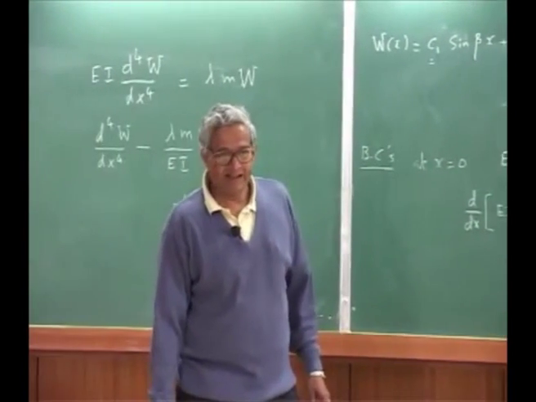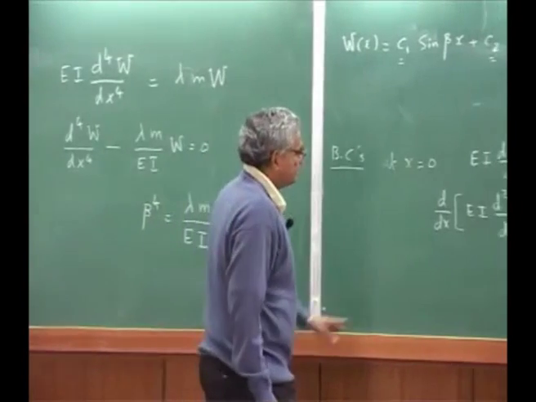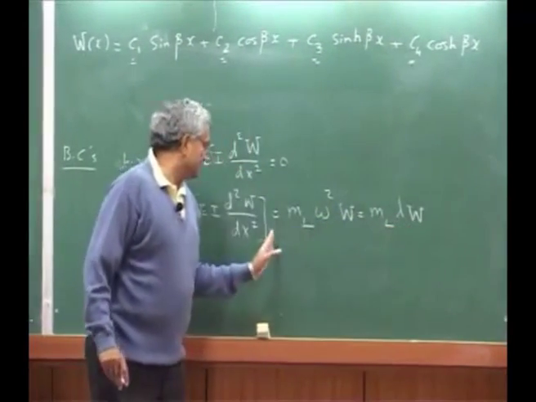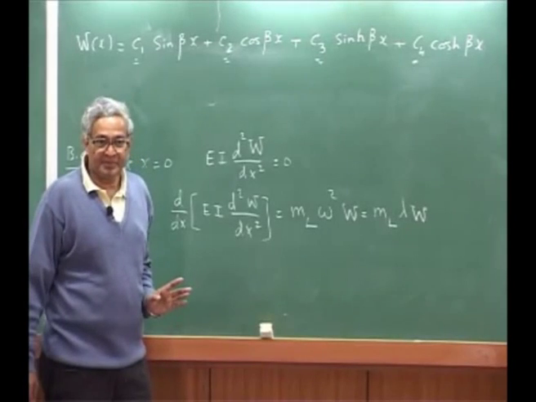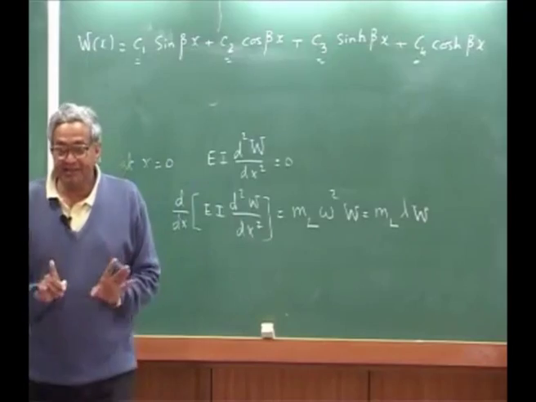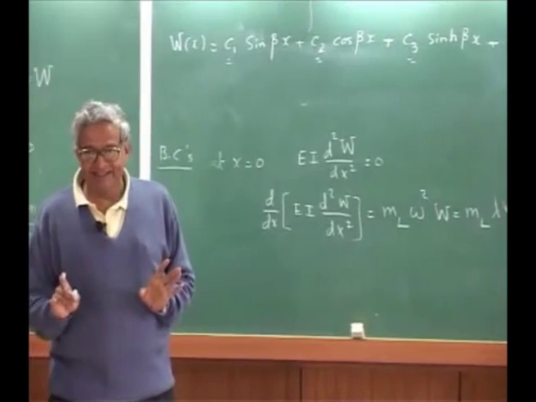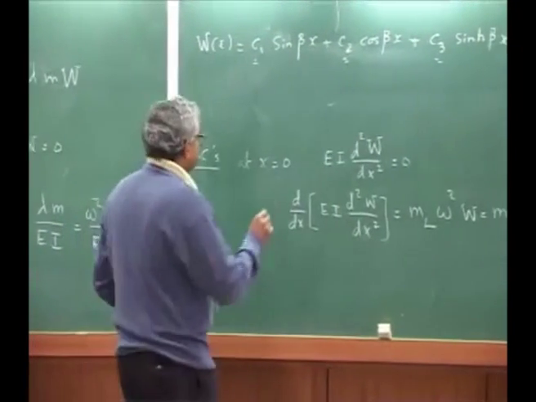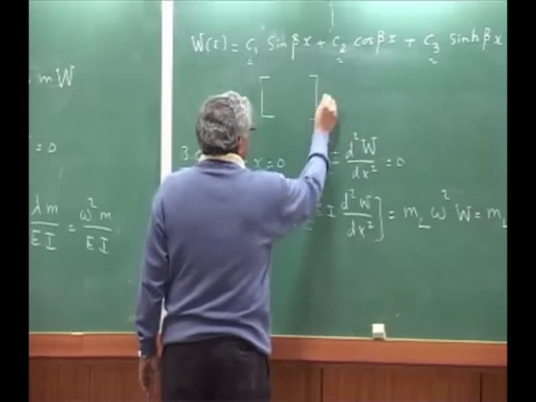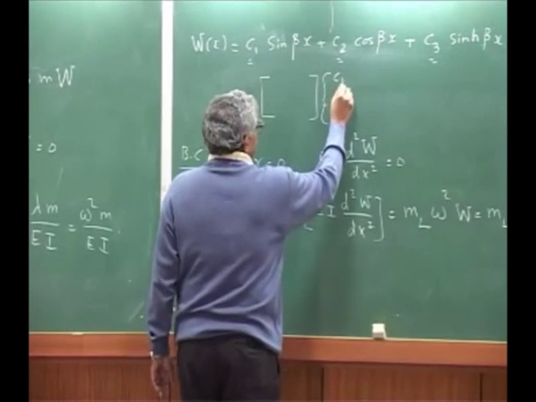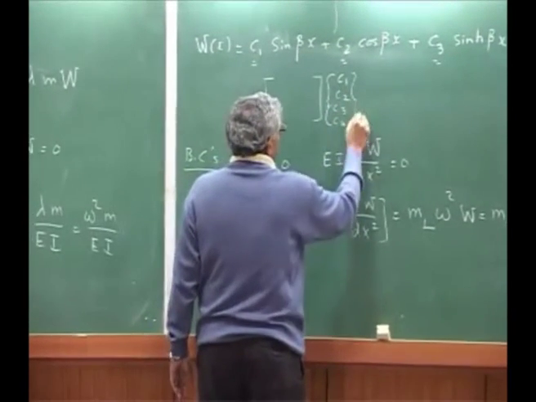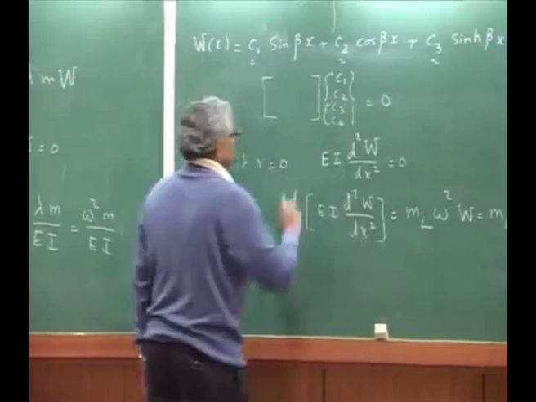Because W is there, you bring it to the left hand side, and you will find 4 simultaneous equations which you can put in a matrix form: the matrix times C1, C2, C3, C4 equals 0.